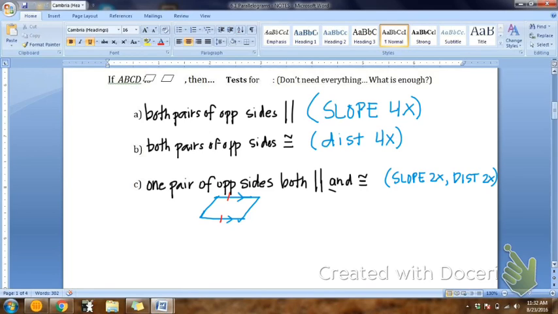But remember, you need to check the same side. Let's quickly draw a diagram underneath each of these so that you know what you're checking for. So if you're checking if both pairs of opposite sides are congruent, this is what you're looking for.